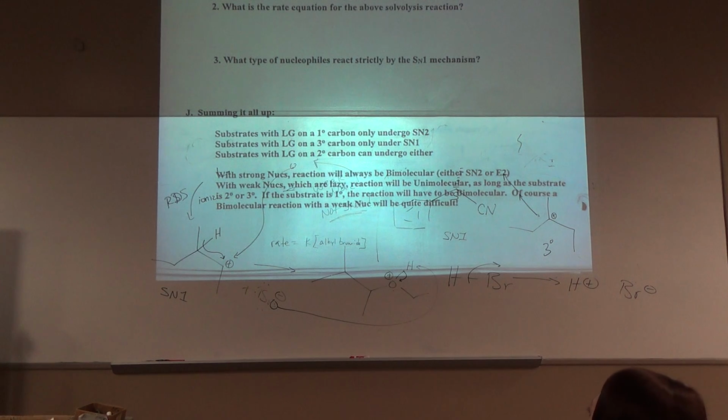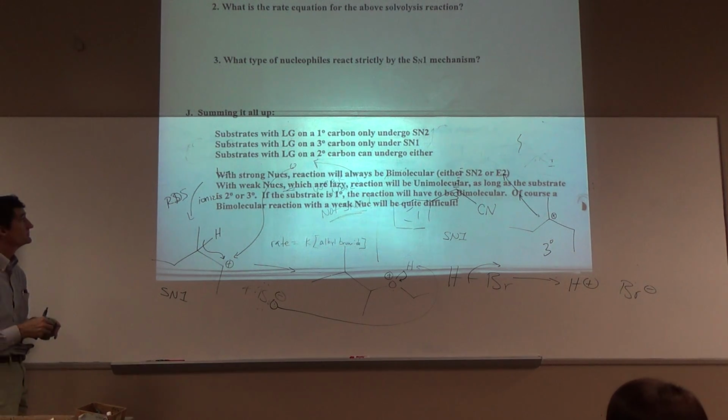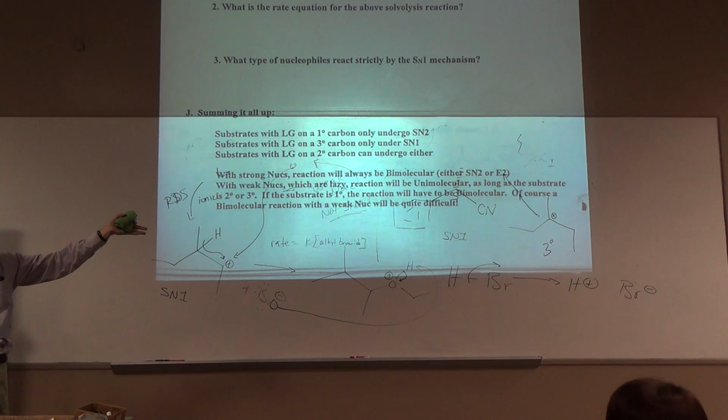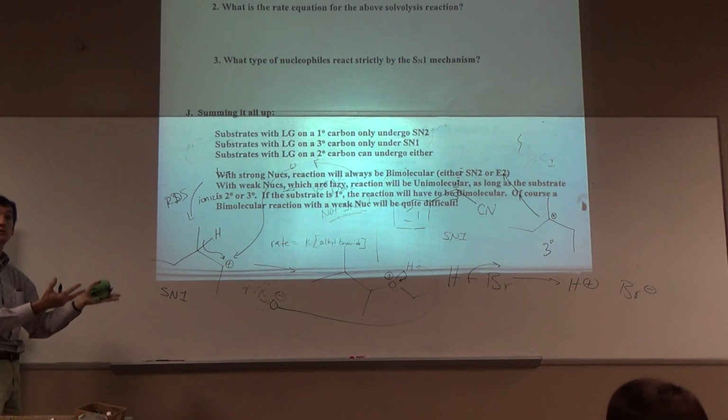Too much steric hindrance. Remember, you don't do SN2 on a tertiary carbon. Substrates with leaving group on secondary carbon can undergo either. If you're assessing such a situation, you have to look for other clues to tell you what mechanism it's going to be. For example, if you have a secondary carbon and a weak nucleophile, what mechanism? SN1. So you can assess the nucleophilic strength.